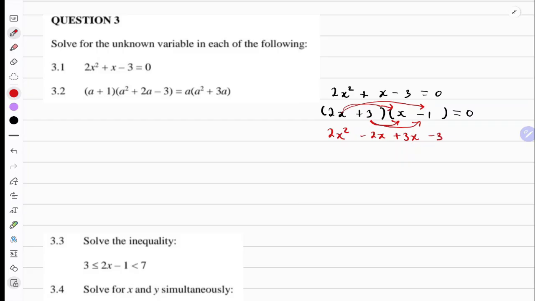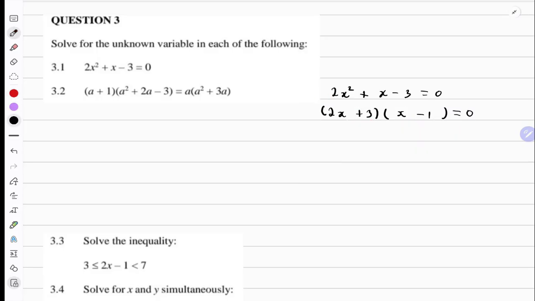So I just used the distributive property. So this is 2x squared plus x minus 3. It brings us back to that, so it means that these factors are correct.